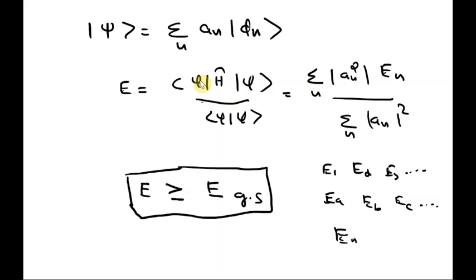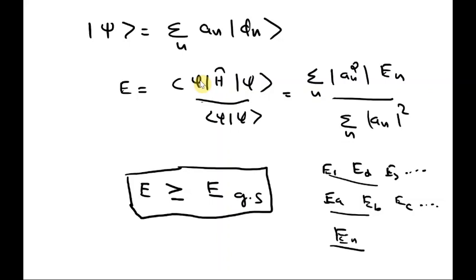So if you are able to find an E among all of these which is small, you choose that value as your E.